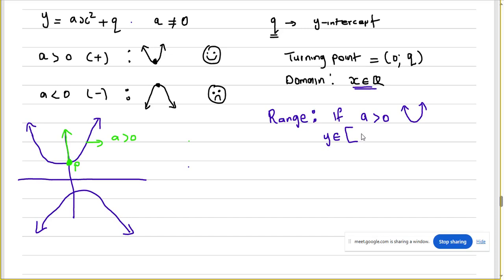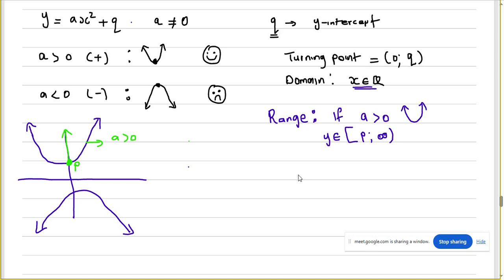So this will be P, and it takes all the way to positive infinity. Then you use a small bracket for infinity. Right.